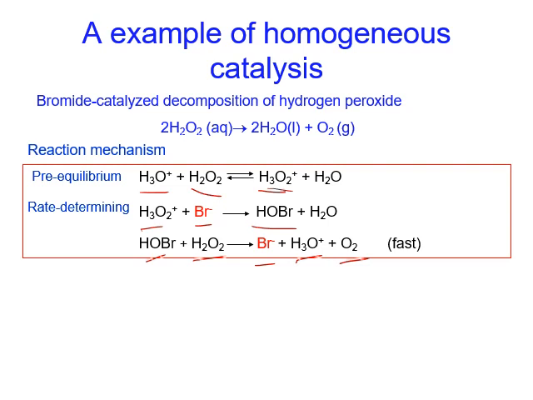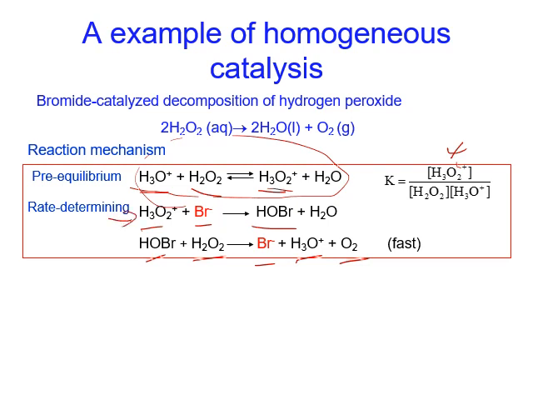Now, in this mechanism, the first step is fast, so it reaches equilibrium. And we can write the equilibrium constant, and we can calculate the concentration of the intermediate, the protonated hydrogen peroxide. The second step is a slow step, and therefore this is the rate determining step. And the reaction rate is second order.